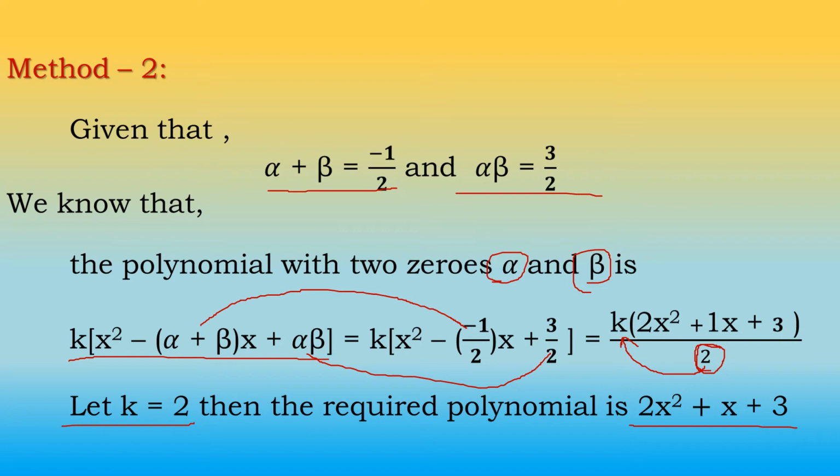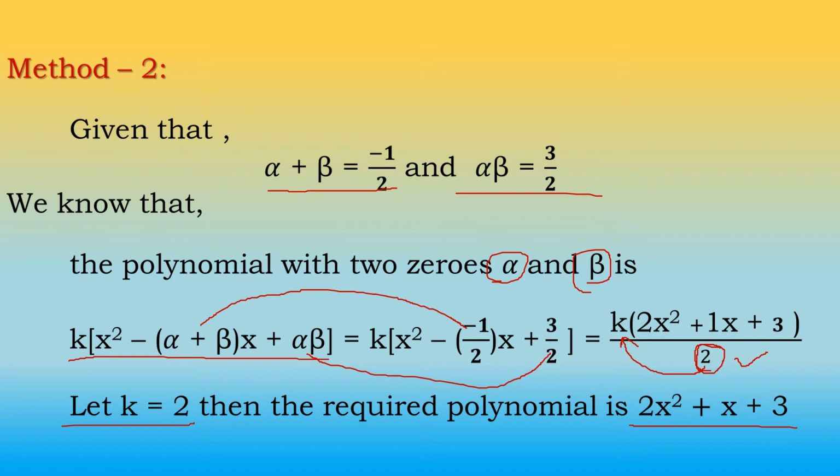As I told you, the value of k always depends on the value of the denominator. In the previous problem, the denominator value was 1, so we considered the value of k as 1. Now in this example, the value of the denominator is 2, so we consider the k value as 2.